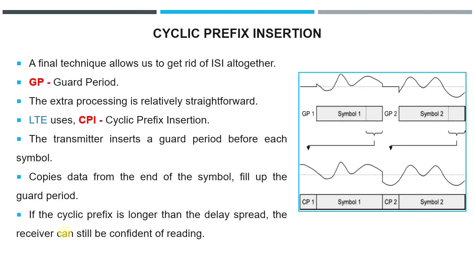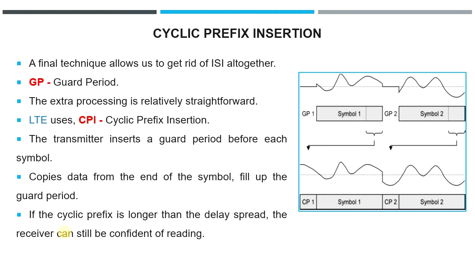The basic idea is to insert a guard period, GP, before each symbol, in which nothing is transmitted. If the guard period is longer than the delay period, then the receiver can be confident of reading the information from just one symbol at a time, without any overlap with the symbols that precede or follow.